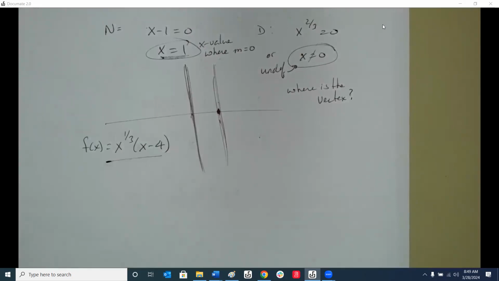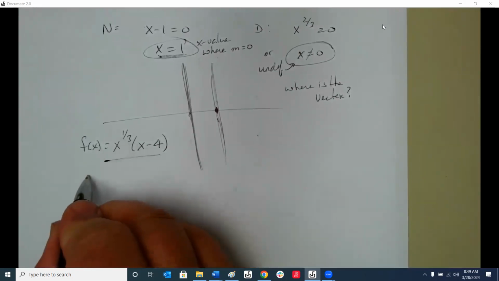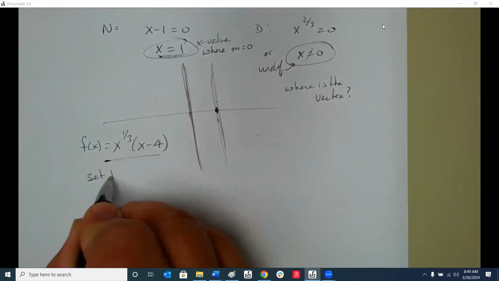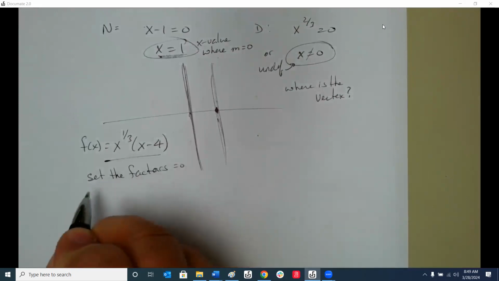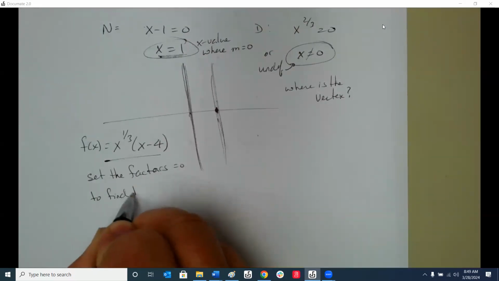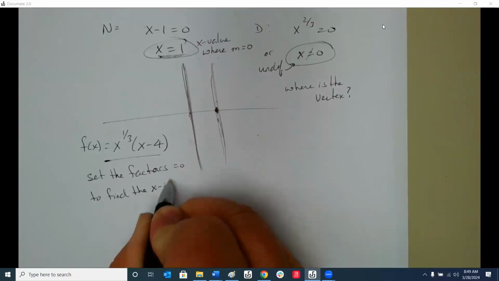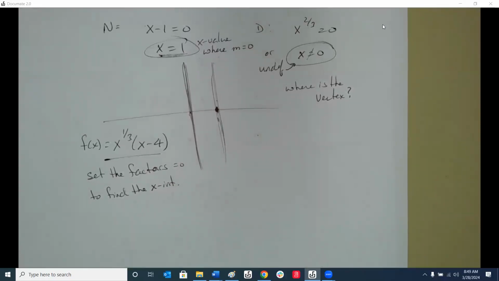If you set them both equal to 0, what would that tell you? It tells you your x-intercepts. Remember the first example, the quadratic x squared plus 5x plus 6. That tells us where the x-intercepts are, and then between there, we can tell what the slope is going to look like.